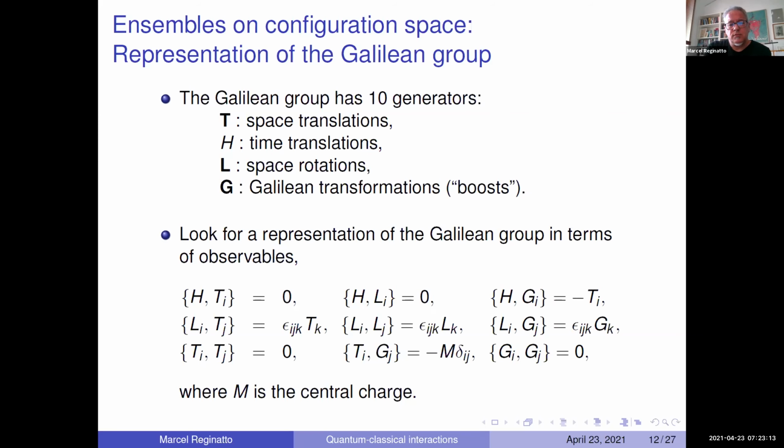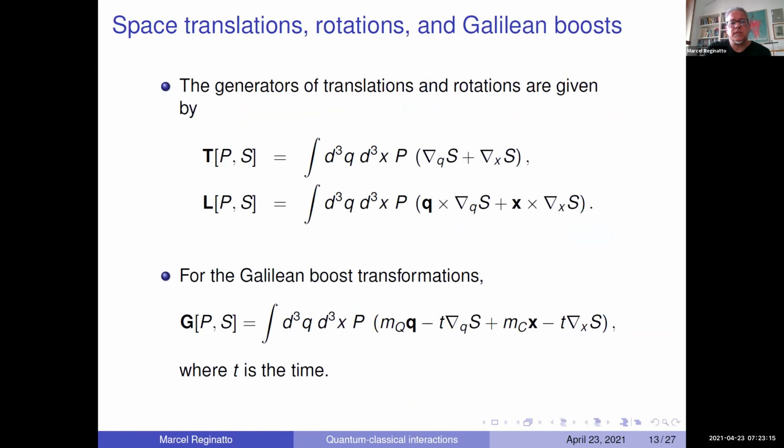To look at the symmetry here, what you need to do is look at the observables of the theory, because the observables of the theory are these expectation values, and you map the Lie algebras of either quantum or classical particles to this algebra of observables. This is straightforward to do. The generator of translations is essentially the momenta as it appears here.